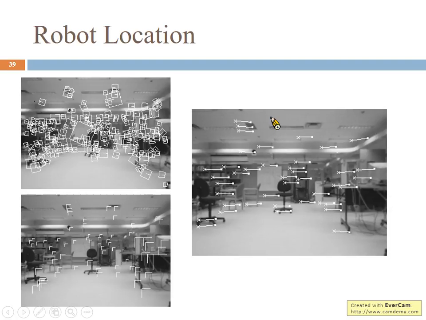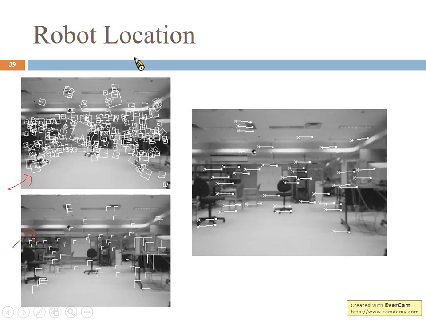We can also do stereo matching. Assume we have a stereo camera. Then we have an image captured by the left camera and another image captured by the right camera. Or maybe we have only one camera, but this camera slowly moves.